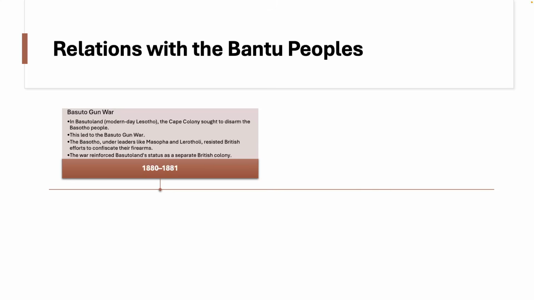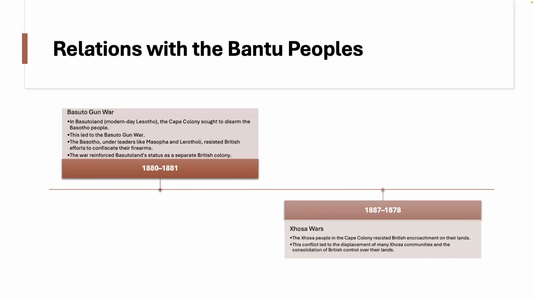So we're seeing a bit of a conflict between these two groups. In a previous time period, this was in 1877, I believe, not 1887. So just bear that in mind, to swap this timeline over, this was a mistake on my part. I do apologise. We have the Xhosa Wars.